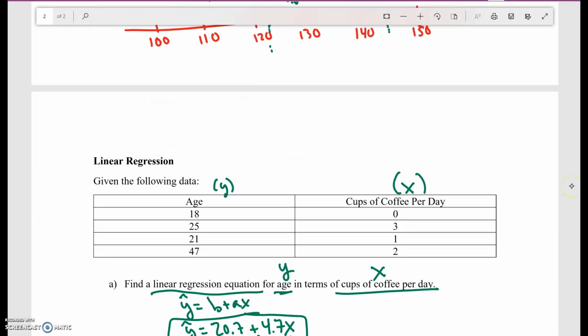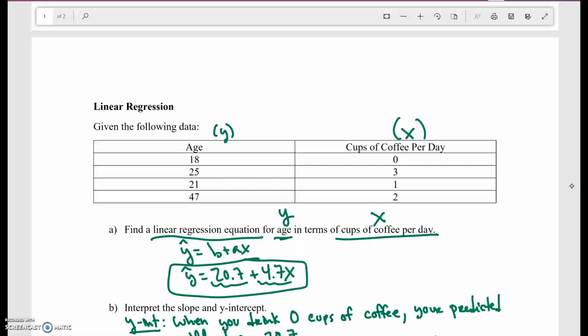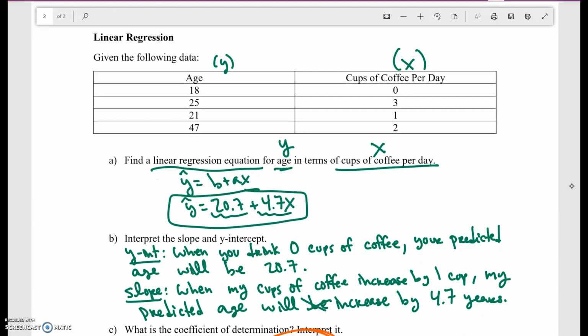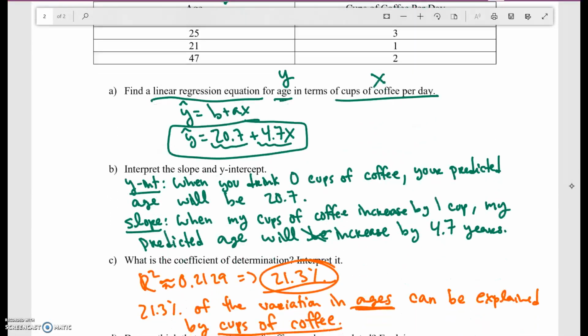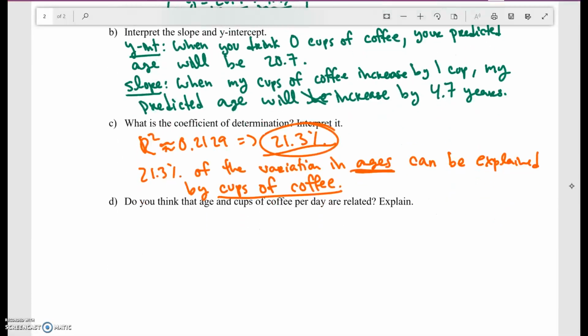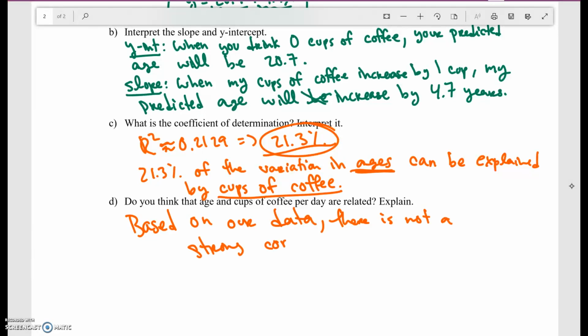So based on the data that we have, we can't really say much. There's not a strong correlation, and our coefficient of determination is pretty low. All we can say is that based on our data, there is not a strong correlation.